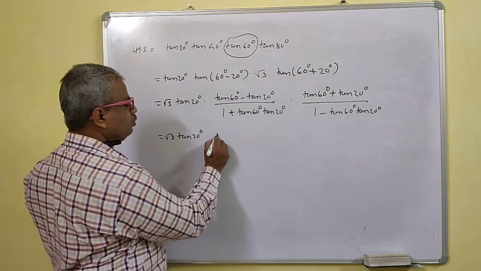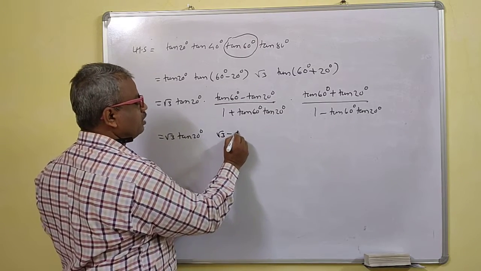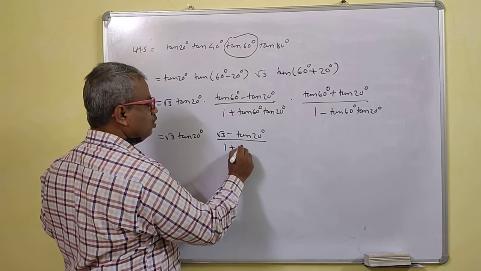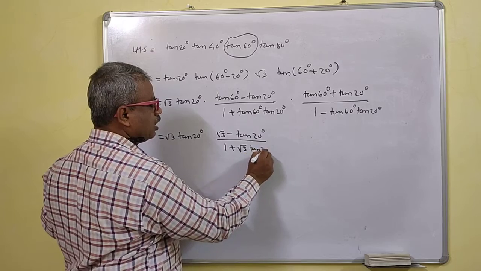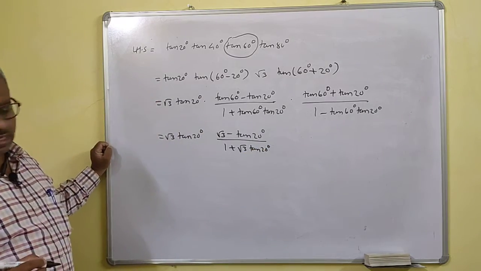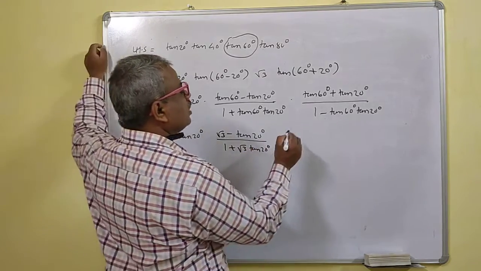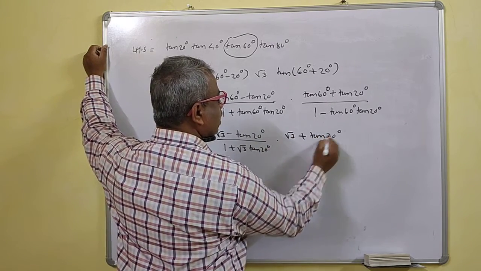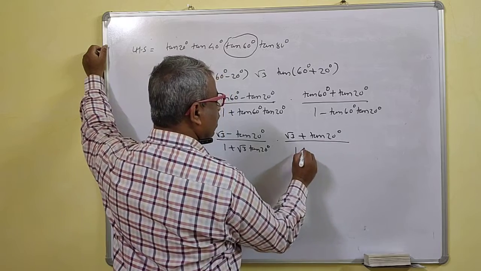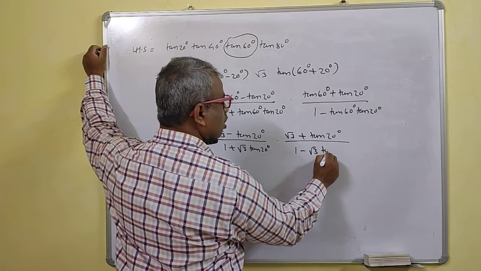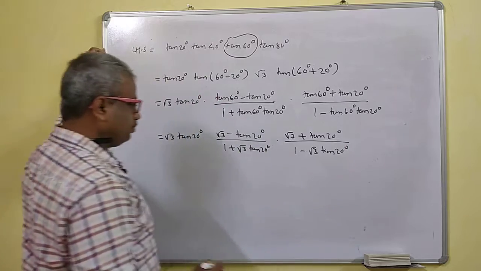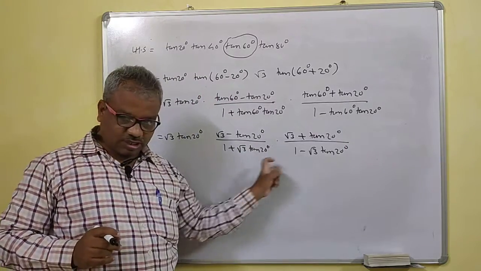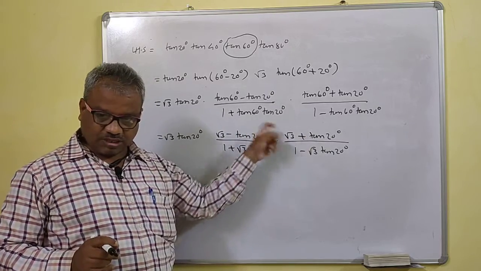This is root 3 minus tan 20 degree upon 1 plus root 3 tan 20 degree, into root 3 plus tan 20 degree upon 1 minus root 3 tan 20 degree. So they are conjugates of each other. These are also conjugates of each other, right?